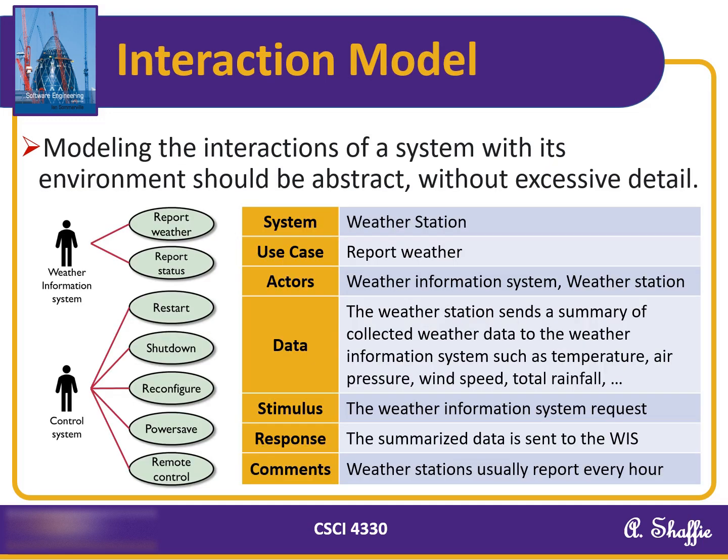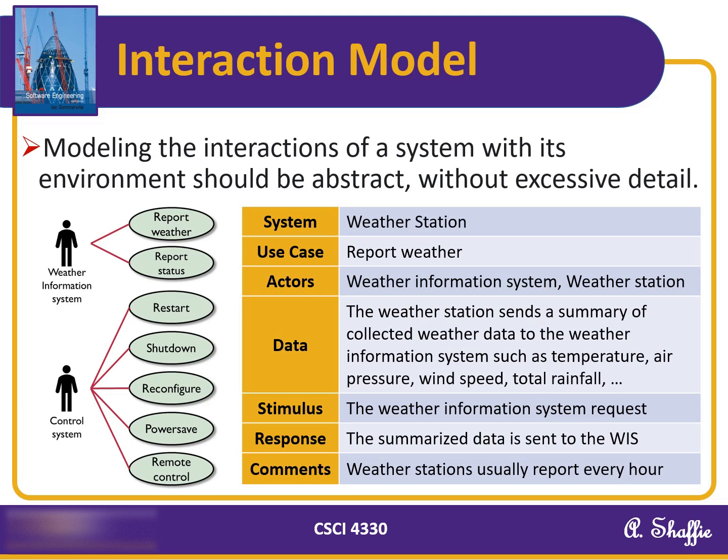We see here an interaction model, specifically represented as a use case model, which I'm sure you are already familiar with. Here is how the use case model works. Interactions are shown inside the ellipses, representing the different actions or functionalities the system supports.